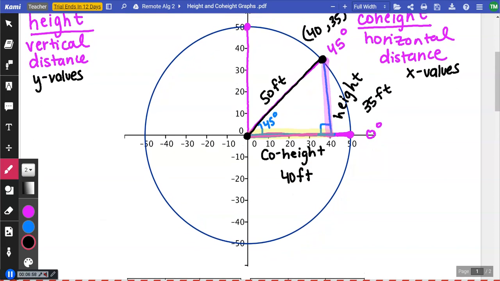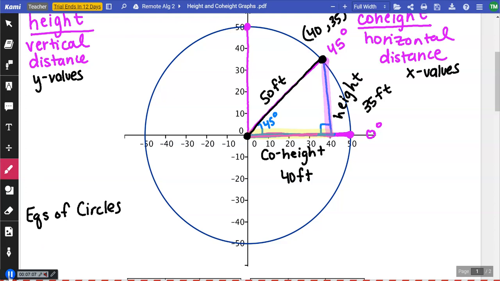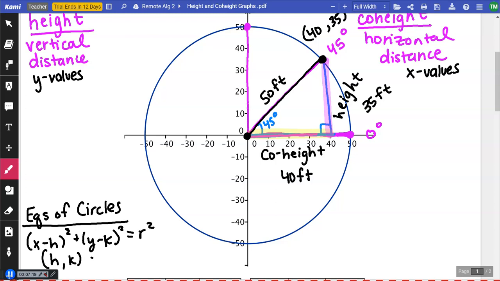So if you recall, the standard form of the equation of a circle looks like this: (x minus h) squared plus (y minus k) squared is equal to r squared. And recall that (h, k) is your center, and r is the radius.